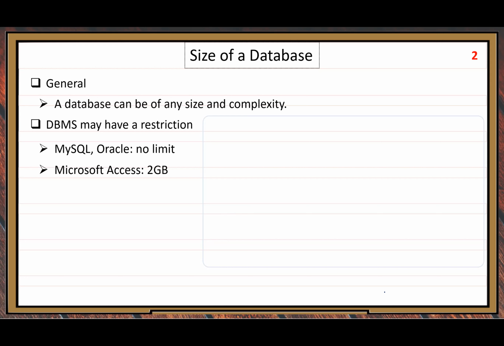That's the main target of Microsoft Access. If your business is a little larger, you may like to choose a more powerful DBMS. Microsoft Access puts this 2 gigabytes limit.